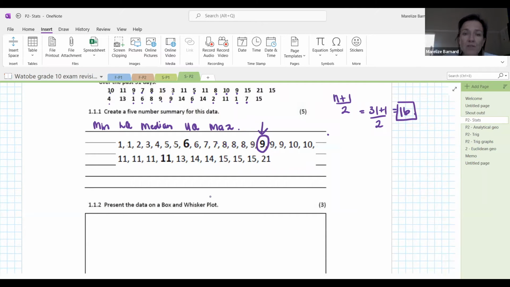The lower half of the data is 15 data values. So 1, 2, 3, 4, 5, 6, 7, 8, 9, 10, 11, 12, 13, 14, 15. The middle of that would be the lower quartile. So 1, 2, 3, 4, 5, 6, 7. 1, 2, 3, 4, 5, 6, 7. So 6 is my lower quartile.